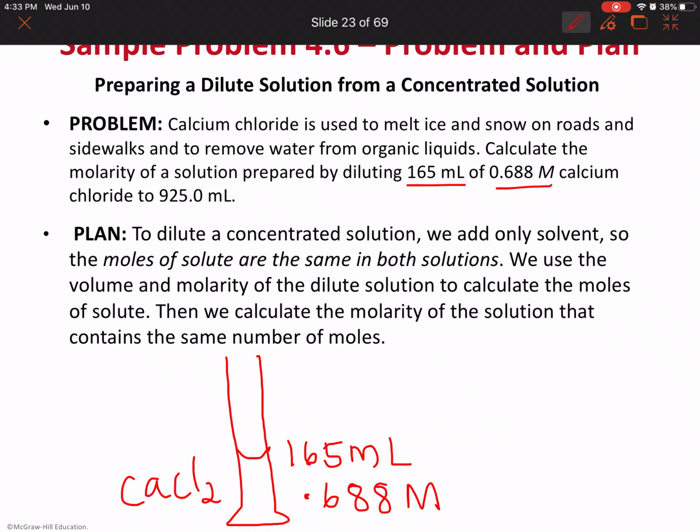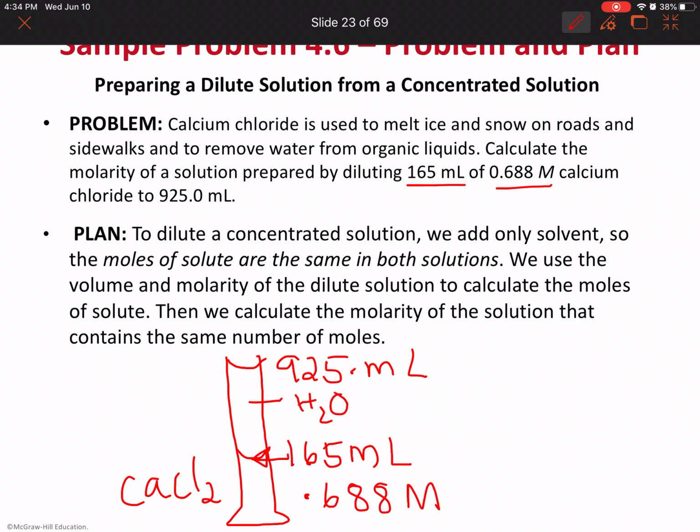You have this in a graduated cylinder, and then you're going to make a solution by diluting this amount to 925 milliliters. So this is the 165 mark. Now you add more water to this until it becomes 925 milliliters. Did we add any solute, calcium chloride? No, you just add water.